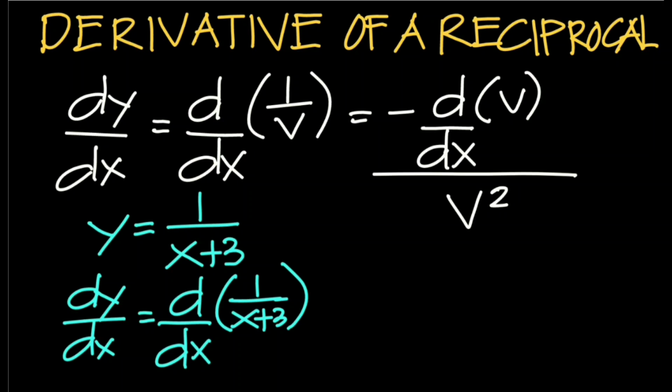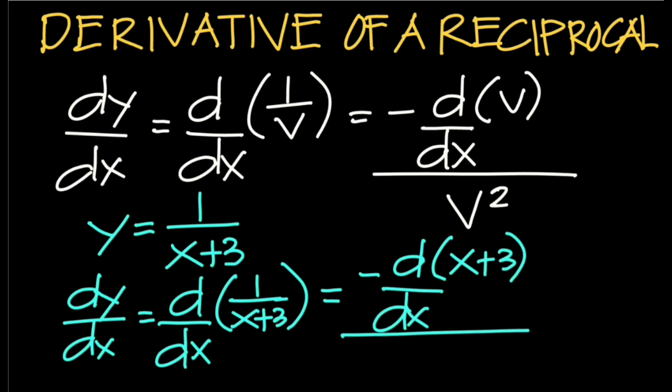So take note here, our v is x plus 3. So this is just equal to the negative of the derivative of v, which is x plus 3, with respect to x over v squared. So this is x plus 3 squared.